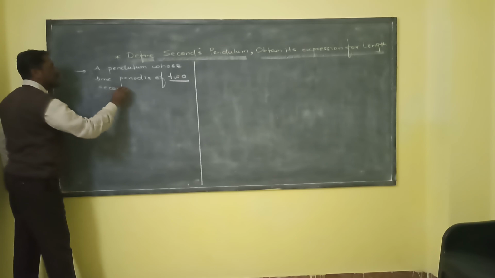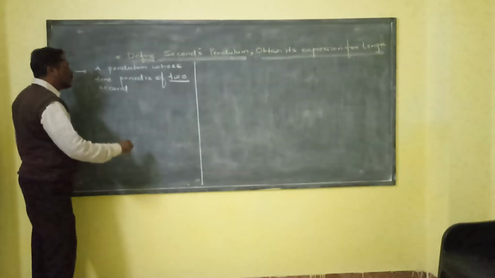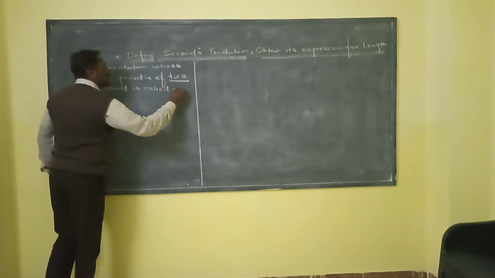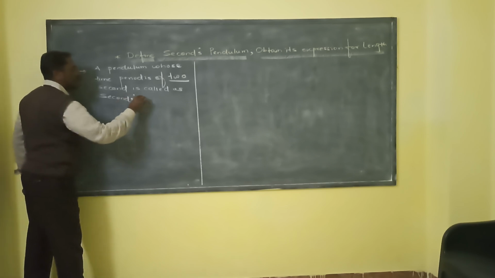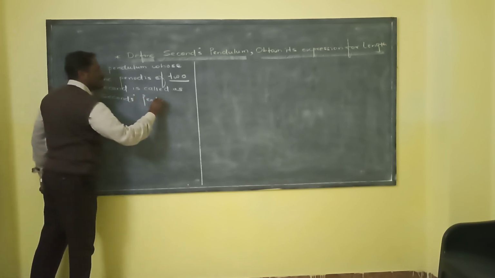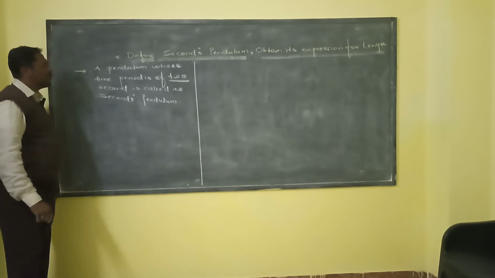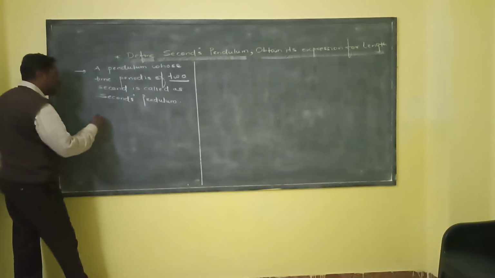A pendulum whose time period is of 2 seconds is called a seconds pendulum. The name itself tells us the time period of a pendulum.